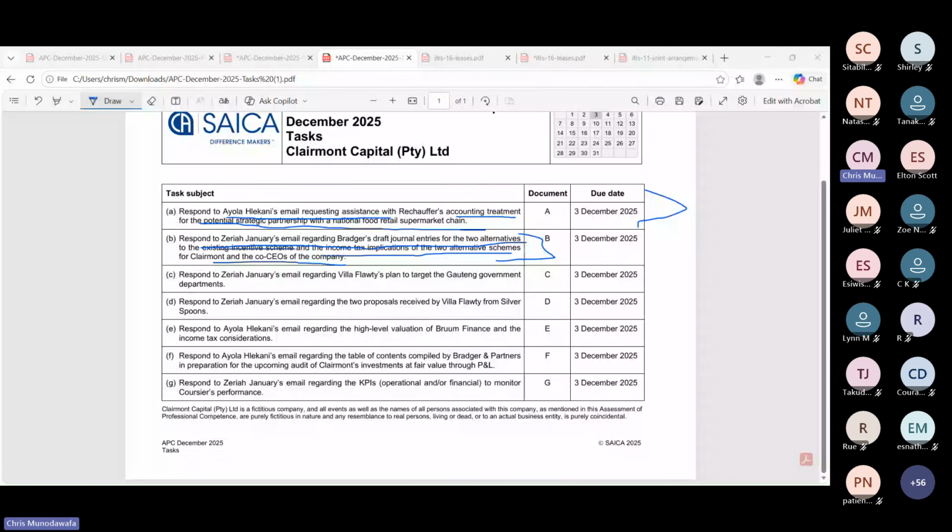So in terms of this question, the task asks you to review option 1, option 2, and option 3. Option 1 is a joint arrangement. Option 2 is a possible lease and right of use, that is, lease liability.